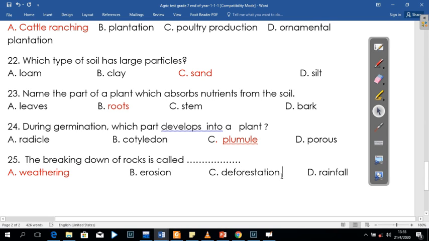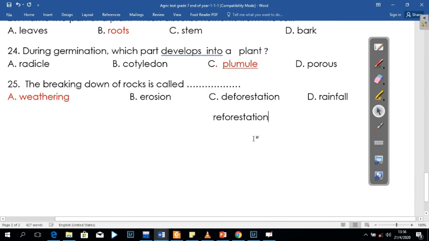Deforestation, this is simple. Deforestation and afforestation, we have to know that. And reforestation, right? We have deforestation, we have reforestation, we have afforestation. Afforestation is double F there, right?